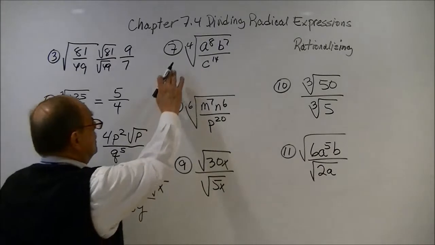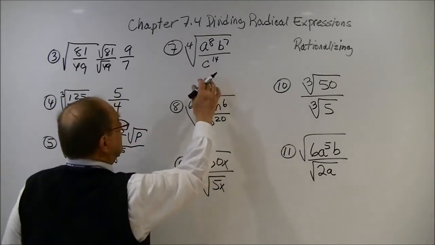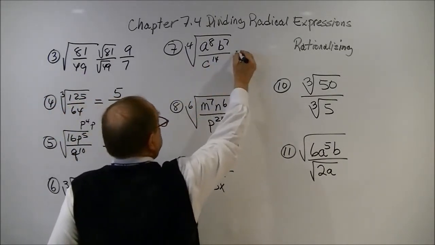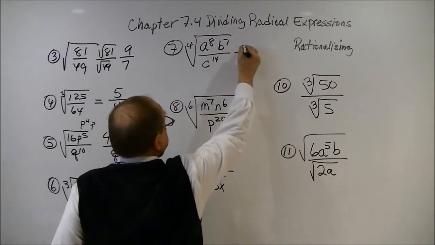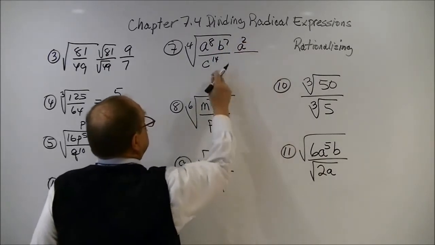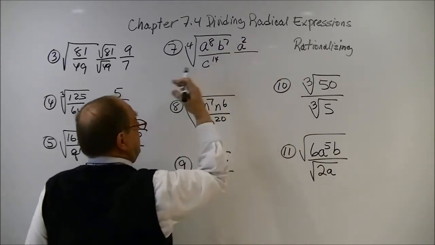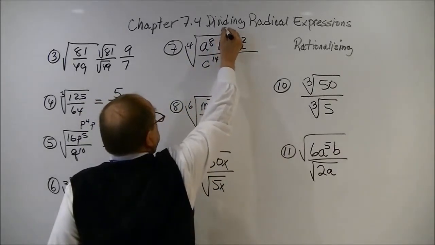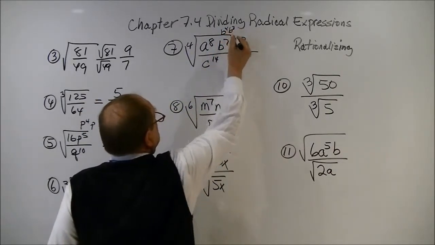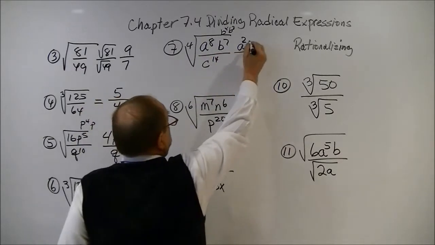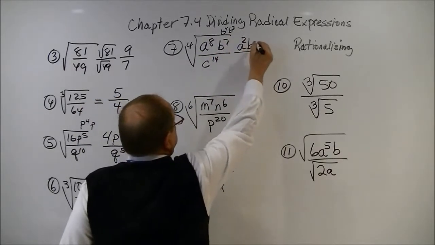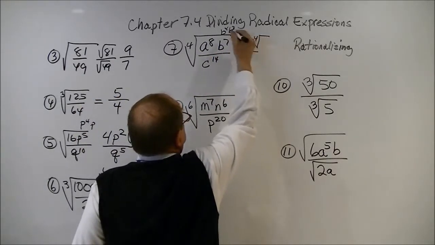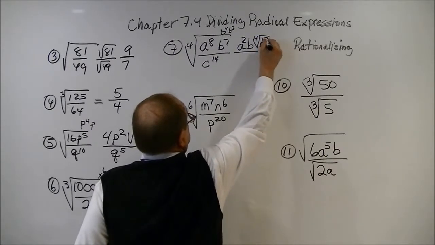In number 4, again, something similar. This is a perfect fourth. This is going to be a to the 2nd. Now the b, remember that's going to be b to the 4th, b to the 3rd. So you'll take a b out of there, and then what's left under the radical is b to the 3rd.